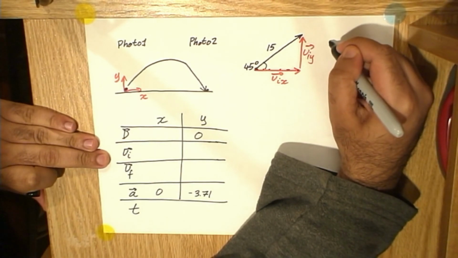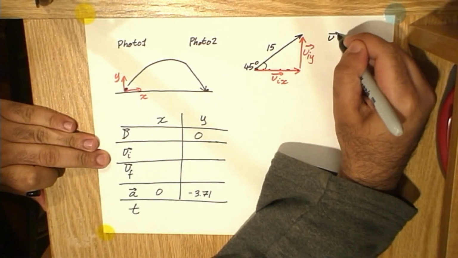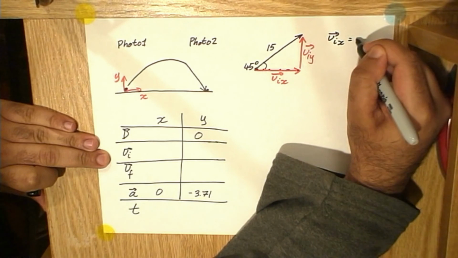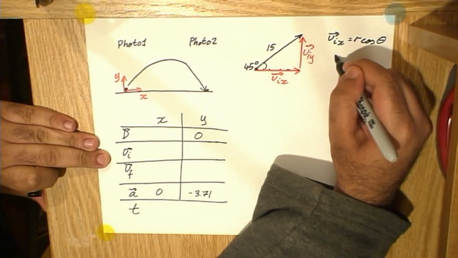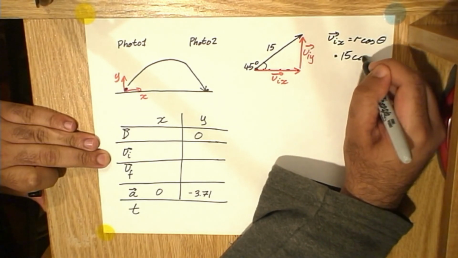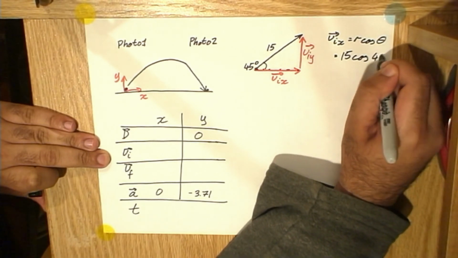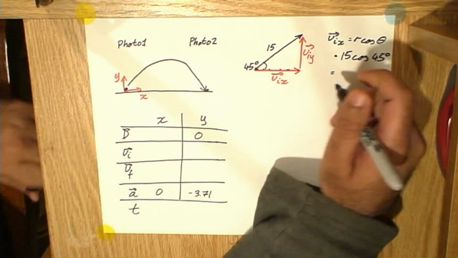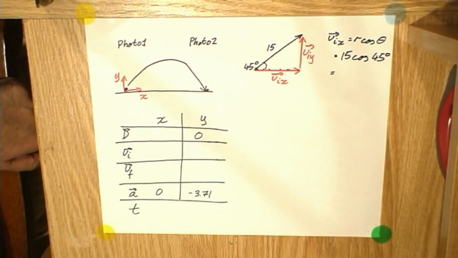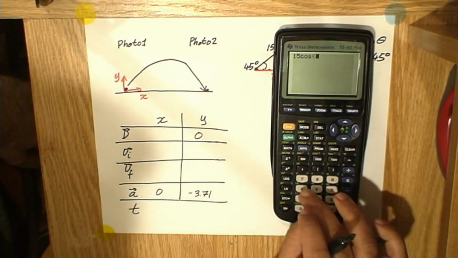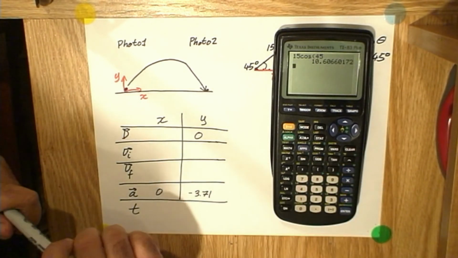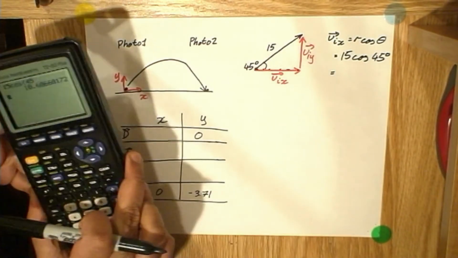So, in the x direction, v initial in x is equal to r cos theta, which is equal to 15 cos 45 degrees, which is equal to 10.6. Let's call it 10.61.